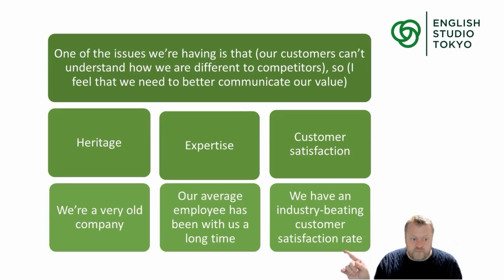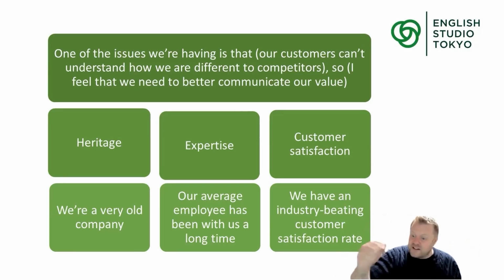Look at these reasons. I don't introduce any specific information. I don't say how old we are. I don't say the average employee period. I don't give the specific number. We have industry-beating customer satisfaction rates. Well, what are they? This is strategic. I want to set up a value chain of information for my listener to start communicating a story.